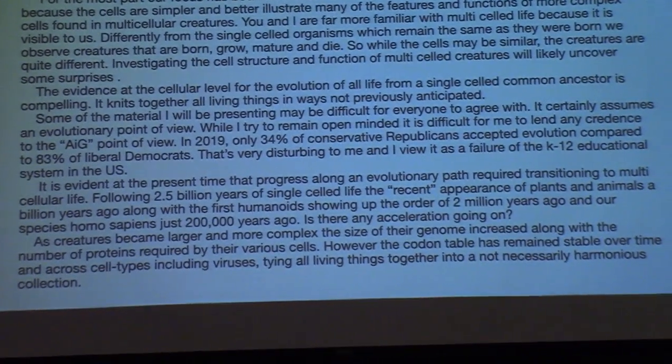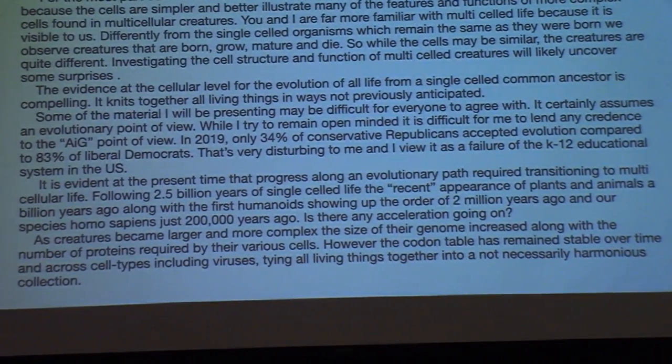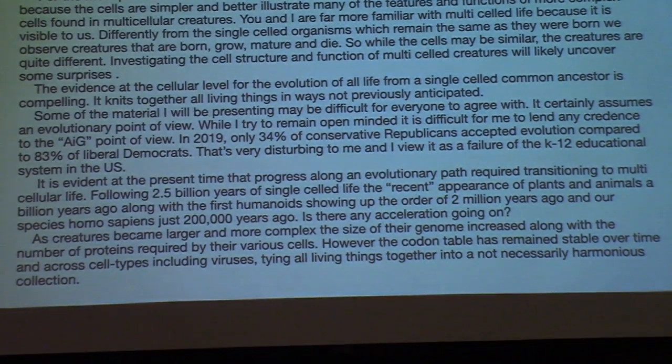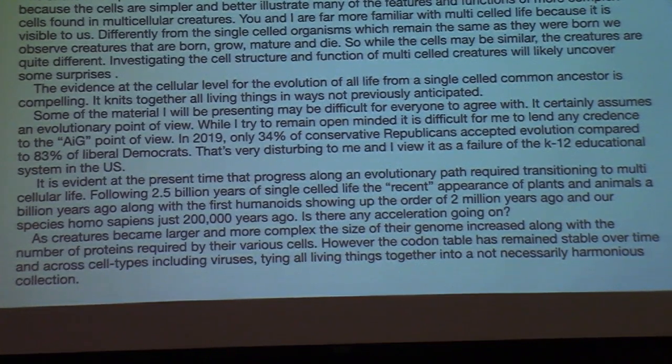So differently from these single-cell creatures that we talked about, which remain the same from their birth to whenever they get removed from the environment, we're used to creatures that are born, grow, mature, and die. So while the cells may be similar, the creatures are certainly different.